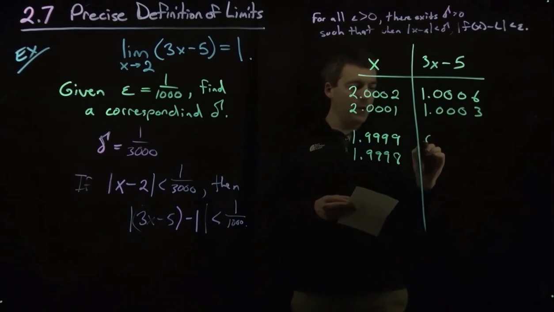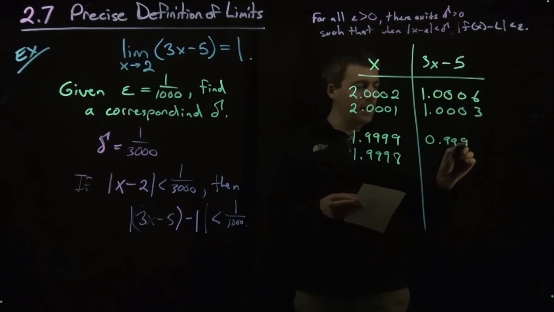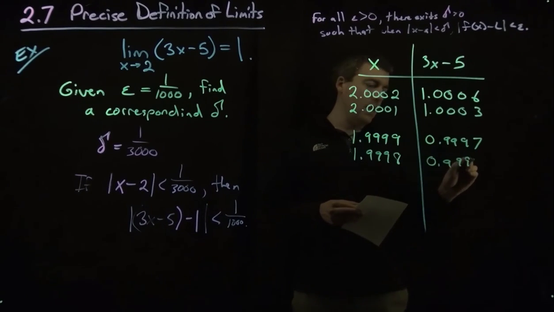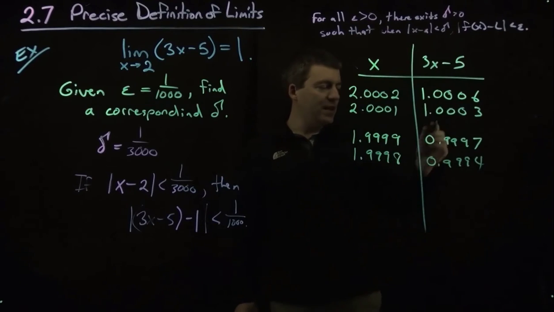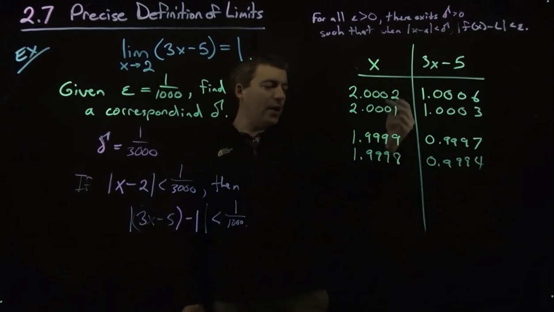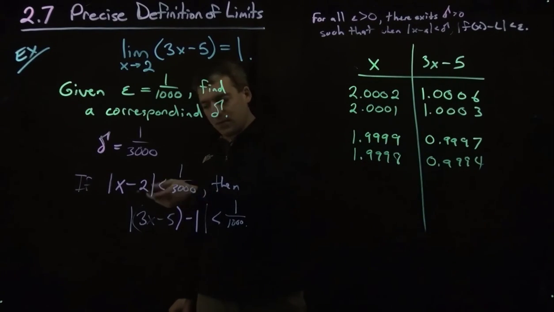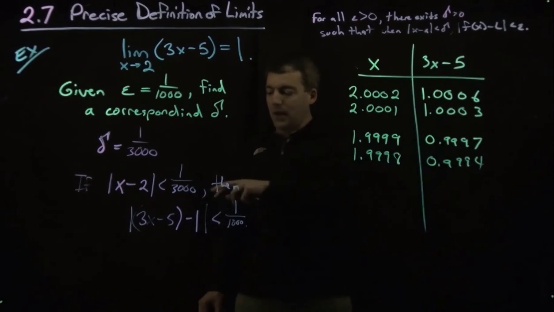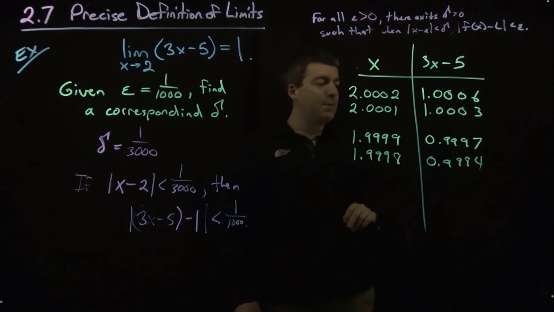These other values here, we get 0.9997 and 0.9994. All right, so you can see that these values that are within this tolerance around 2 make the function be within the given tolerance for epsilon.